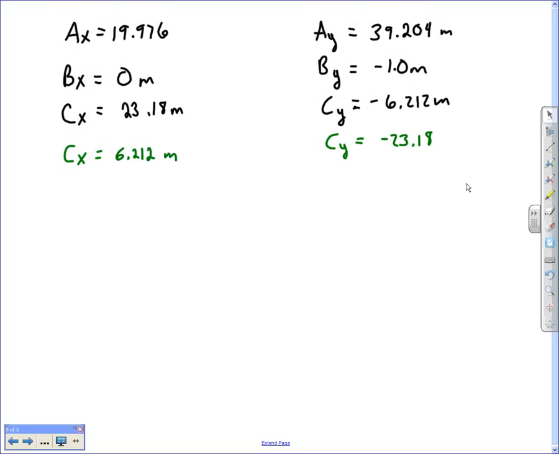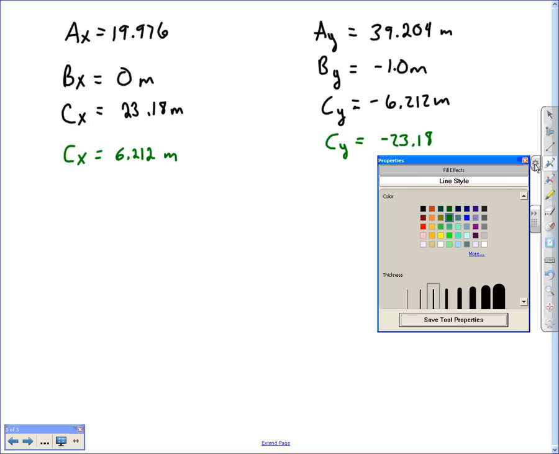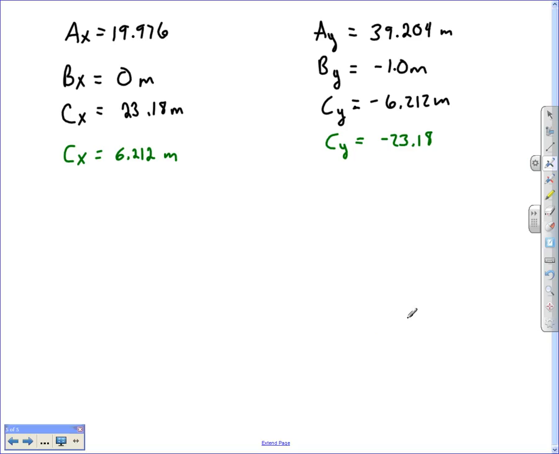What we want to do is calculate Rx and Ry, our resultant components. Rx is just the addition of these values here, 19.976 meters and CX, 23.18 meters. Rx ends up being 43.156.